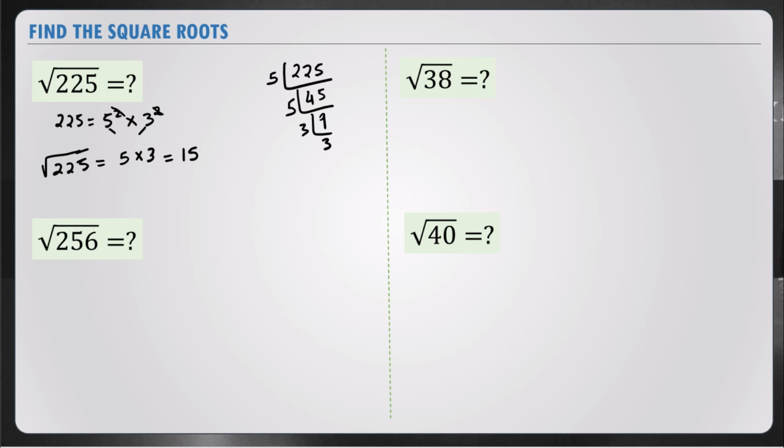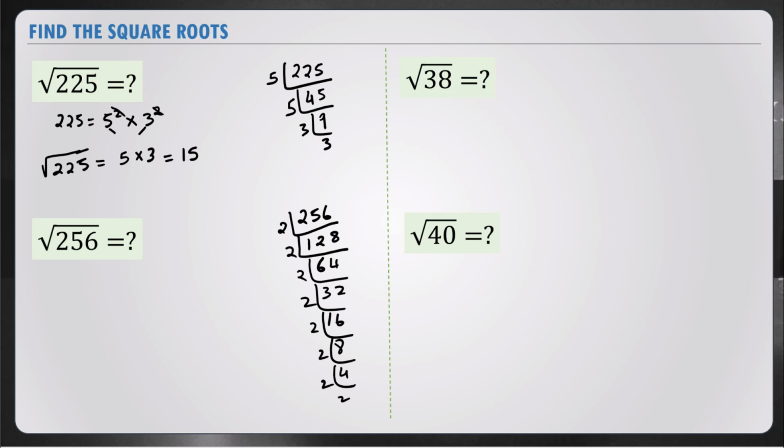Let's take another example to make things easier. We have the number 256. Let's write out all the factors of 256. It's a long one. Okay, 2 goes here, 128. 2 goes here, 64. 2 goes here, 32. 2, 16. 2, 8. 2, 4, and 2, and 2. That's 1, 2, 3, 4, 5, 6, 7, 8.